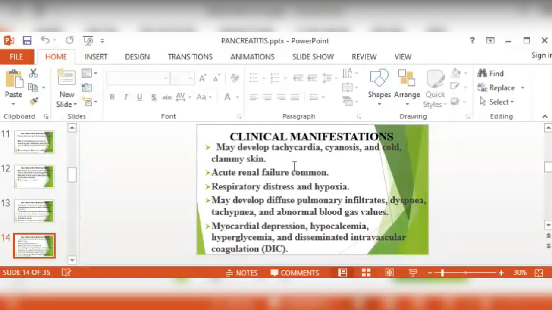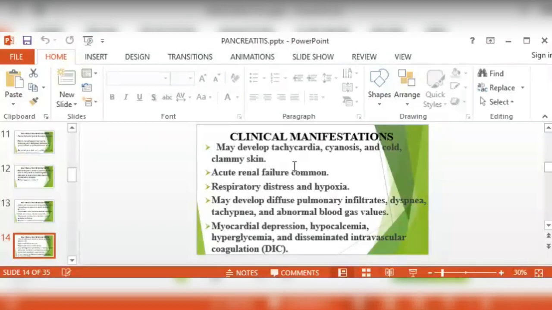And then there may be diffuse pulmonary infiltration. There may be dyspnea, there may be tachypnea. Dyspnea means difficulty breathing. Tachypnea, high respiration. There will be abnormal blood gas values. Then there will be myocardial depression. So for the signs and symptoms, there are lots.